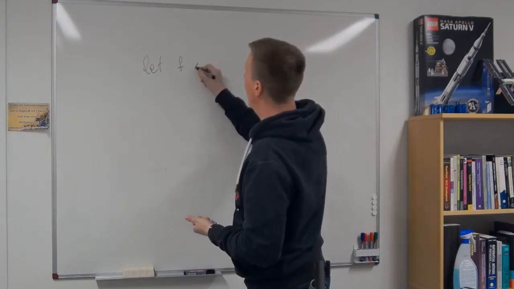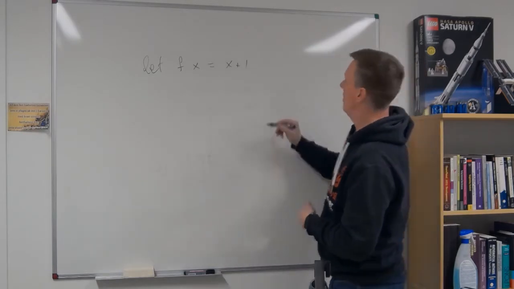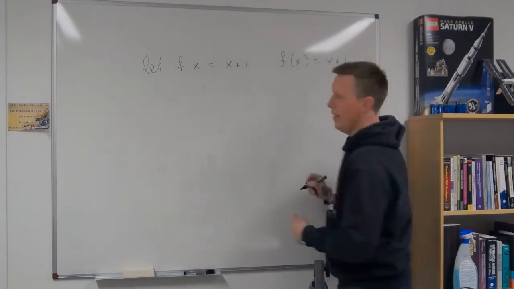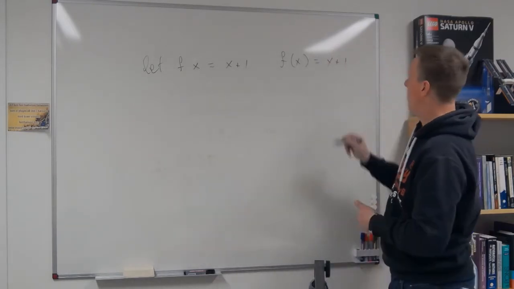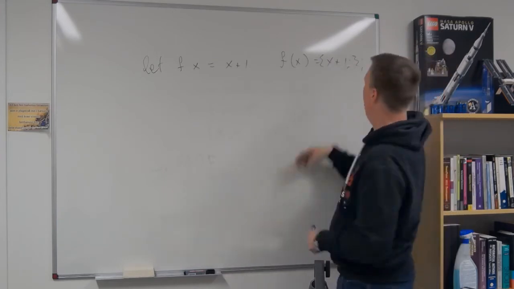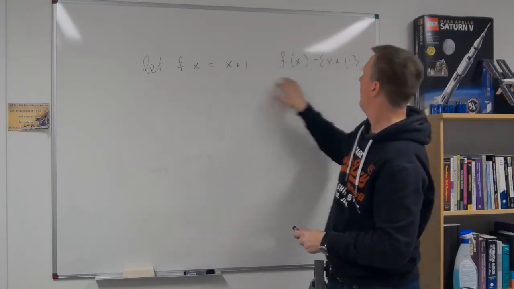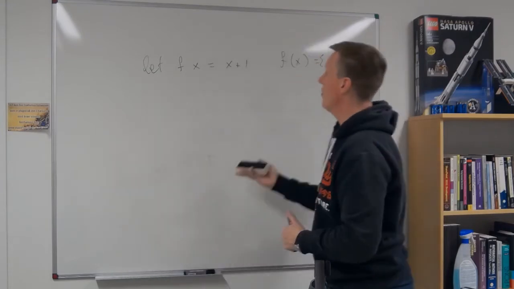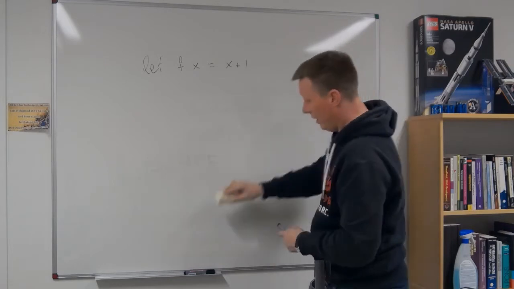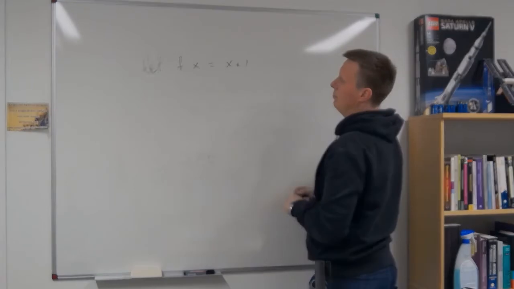So we could say let f x equals x plus 1, and this is just the same as saying f of x equals x plus 1 in a language like C, with curly braces and so on. So we see that in F sharp we have a slightly terser syntax. There are no parentheses, and I'll come back to that in a little while. So this is defining a function in F sharp.